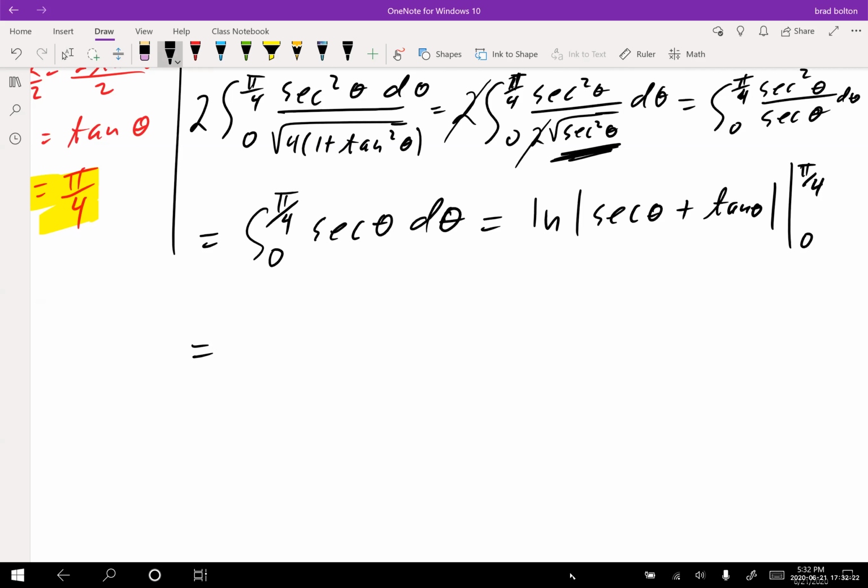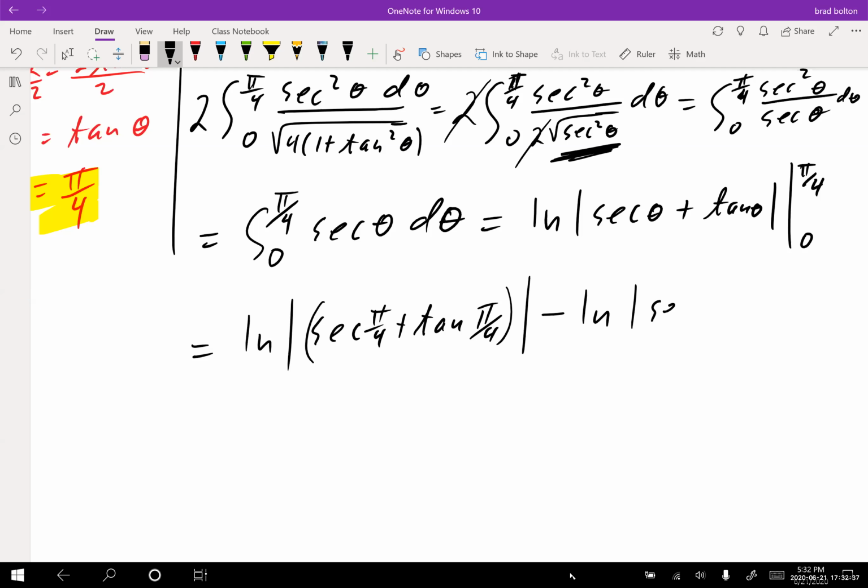So now I'm left with the natural log of secant pi over 4 plus tan pi over 4, minus the natural log of secant of 0 plus tan of 0.